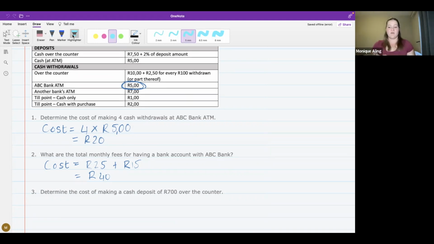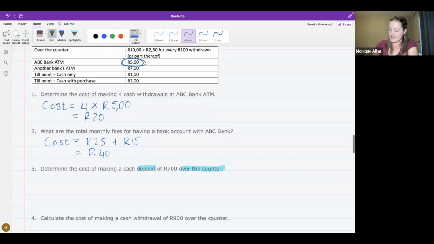Okay, so when given a lot of information, I generally like to highlight. So I know that we're looking at a deposit. So we're looking at the deposits part of our table, and it's specifically over the counter. So I'm going to look at over the counter part, which is the 7 Rand 50 plus 2% of the deposit amount.